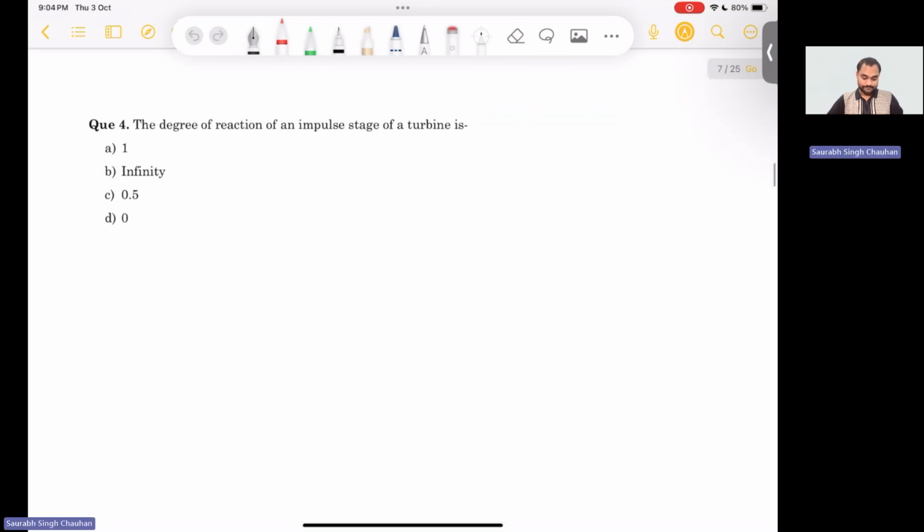Question number 4 says: the degree of reaction of an impulse stage of a turbine is. If you know what the degree of reaction is, then you can easily answer this question.